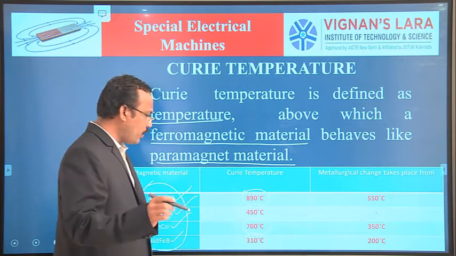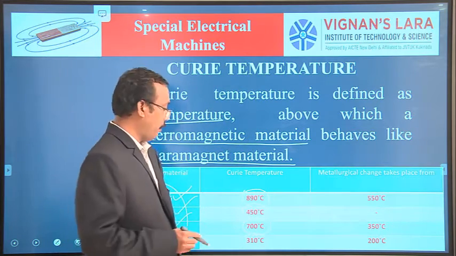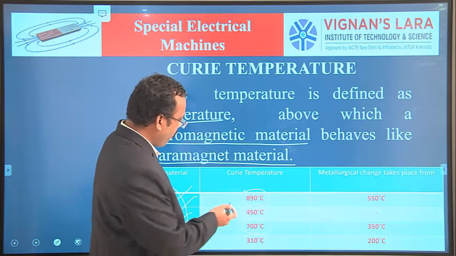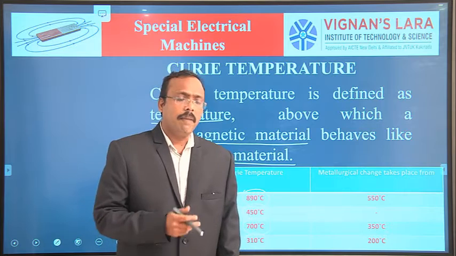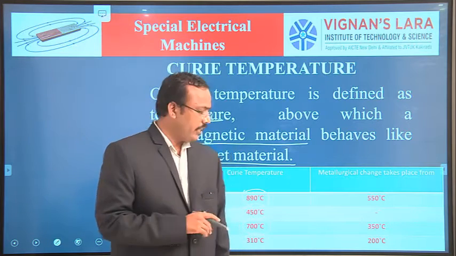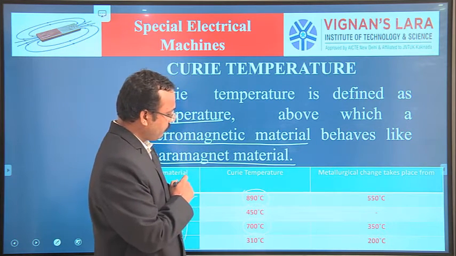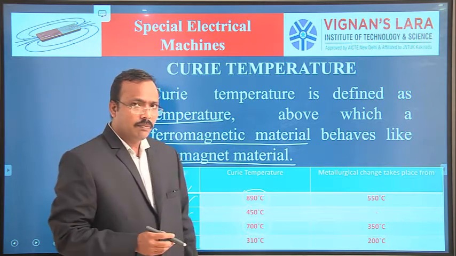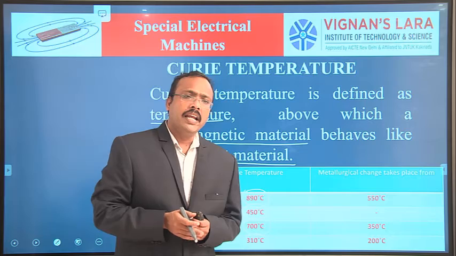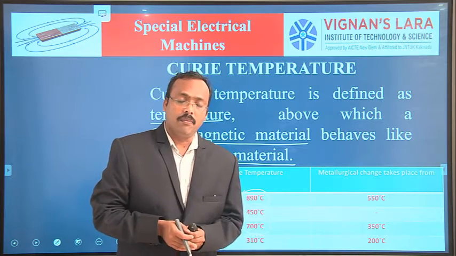So what is the effect of Curie temperature? Below this temperature, the magnet acts as a magnet. Above this temperature, the magnet behaves like a paramagnet. Paramagnet means it has lost its magnetic property.